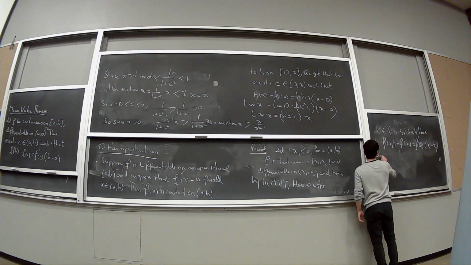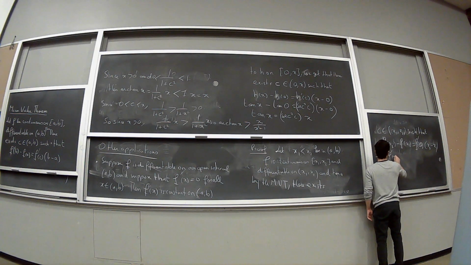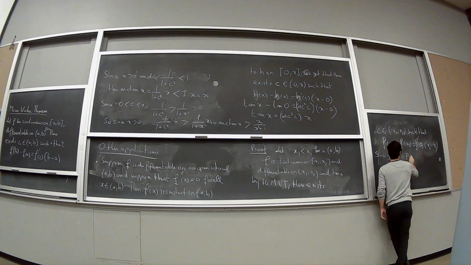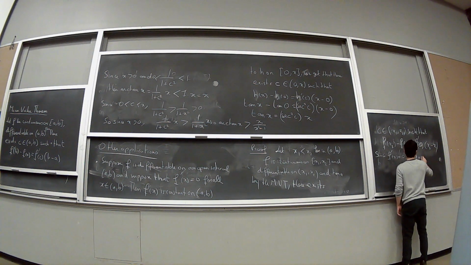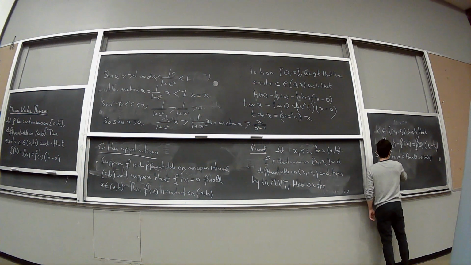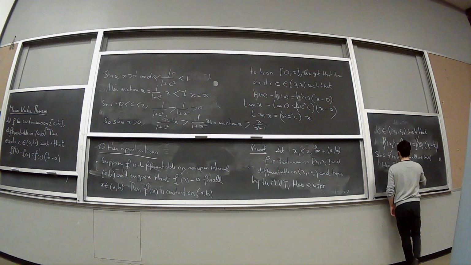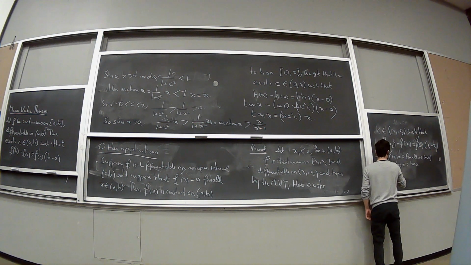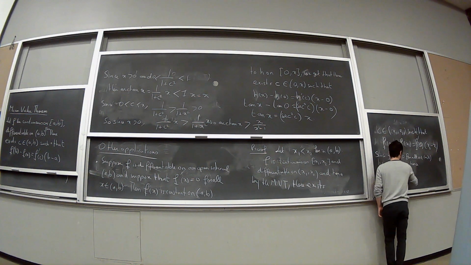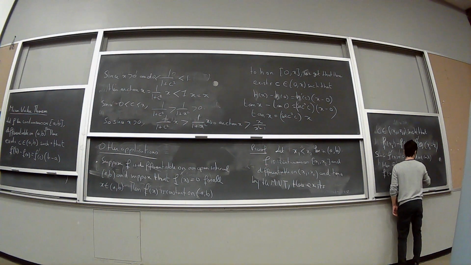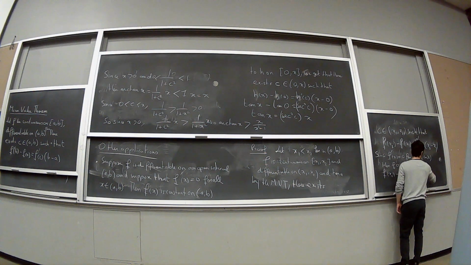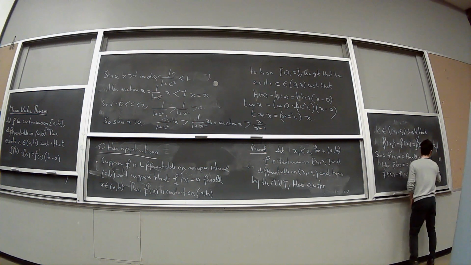Since f prime of x is 0 for all x in AB, then f prime of c is 0, hence f of x2 minus f of x1, which is f prime of c times x2 minus x1, is equal to 0.